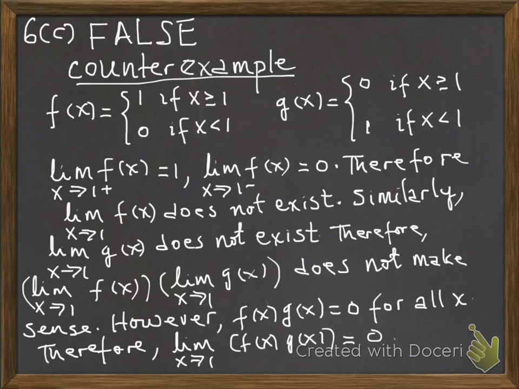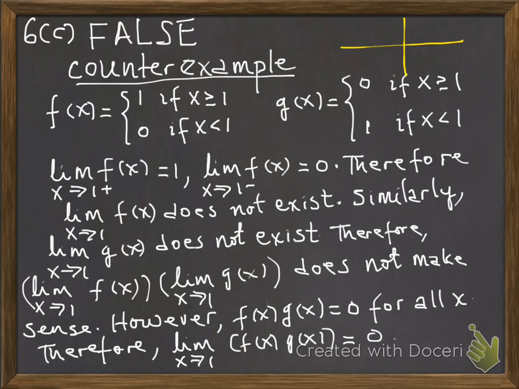So clearly, construct functions f of x and g of x where the limit at 1 does not exist. But when you multiply f and g, the graph of the product looks like this.